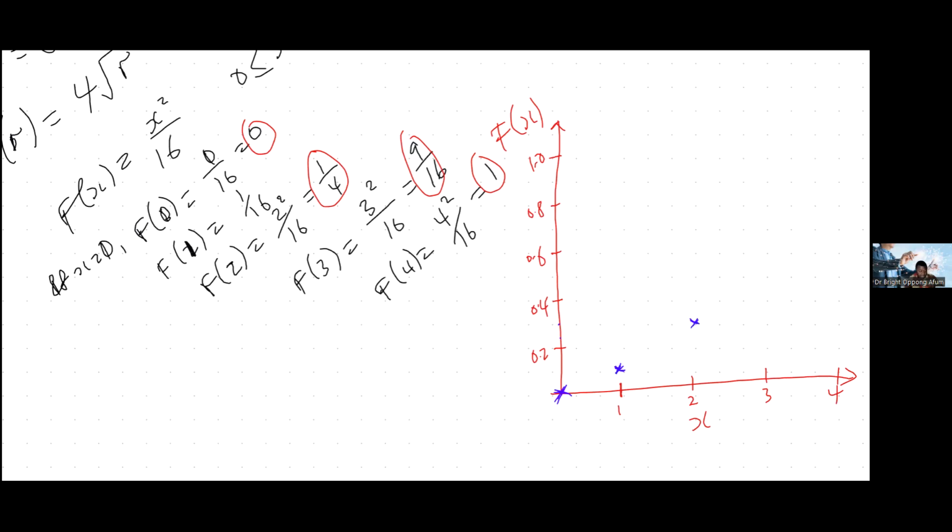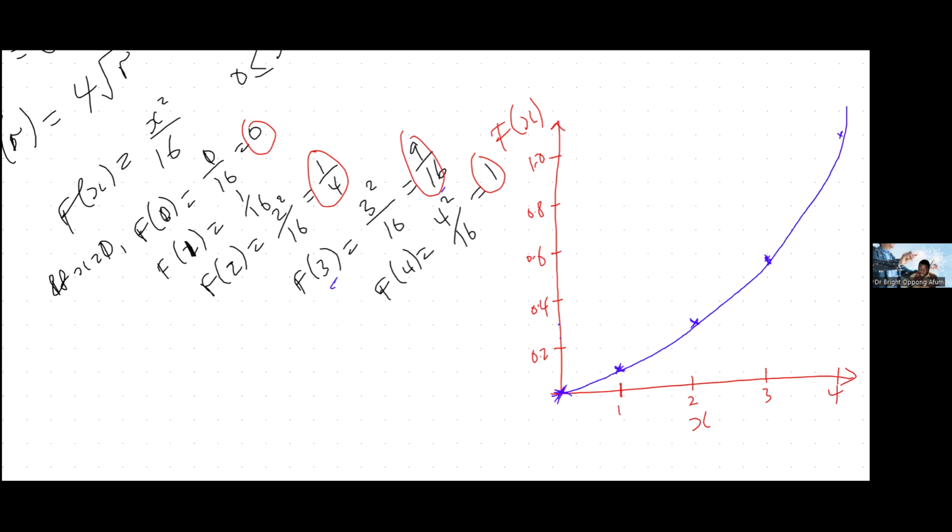Then 3 is 9 on 16, which is around 0.5, 0.6 in the middle. Then we have 4 and 1. So this is a parabolic curve, something like that.